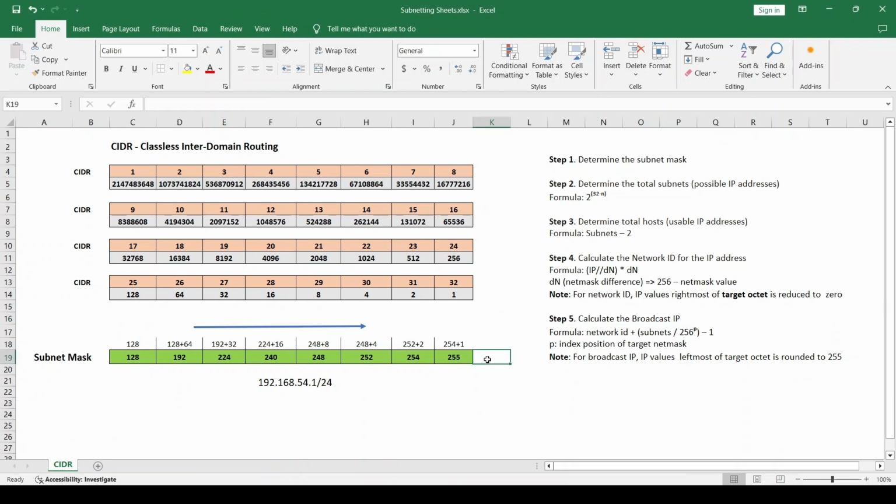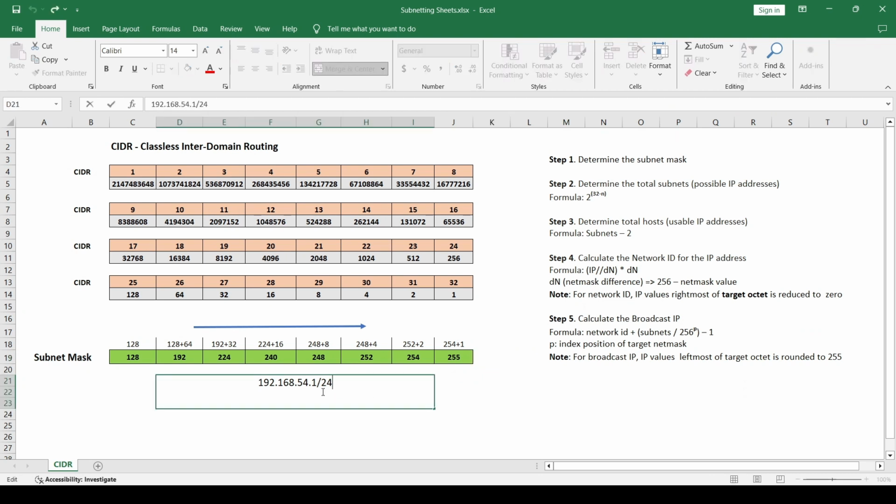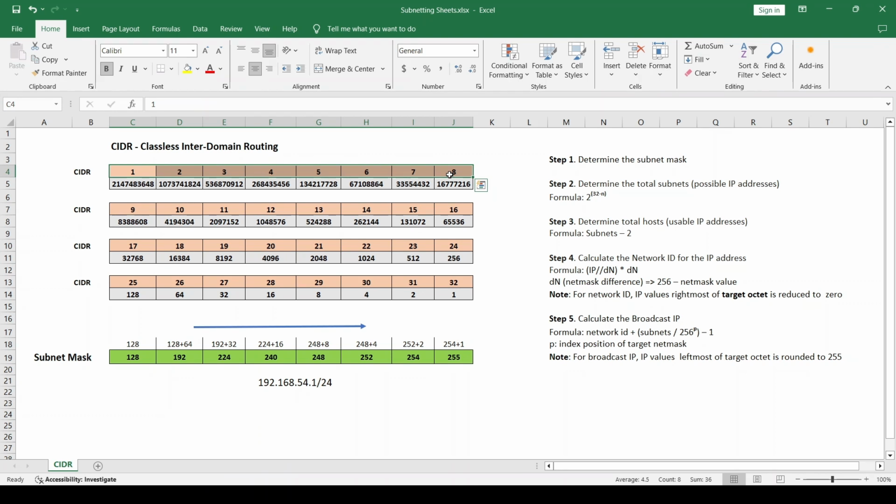Now, what is a subnet mask? For this particular example, the subnet mask is going to represent the number of bits that have been reserved for the network. We have a /24 network. So what this means is that the first octet, that is the first 8 bits, has been filled up and reserved.